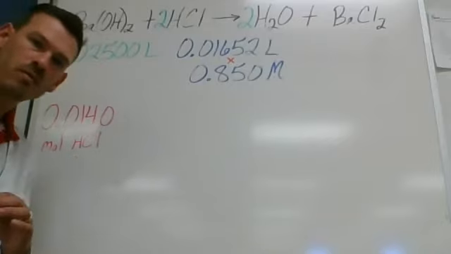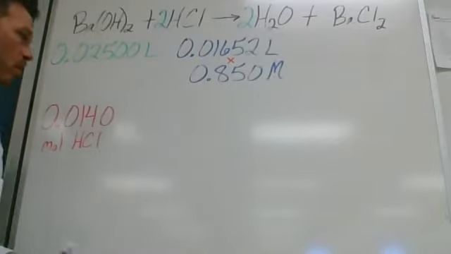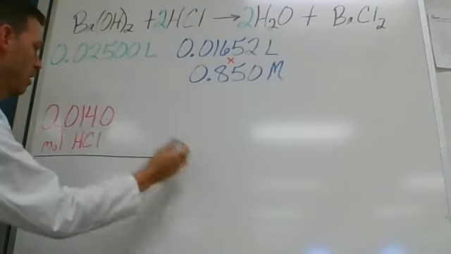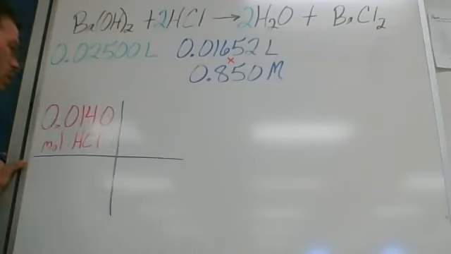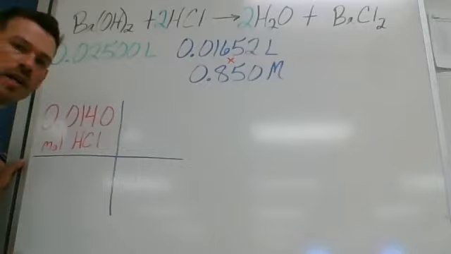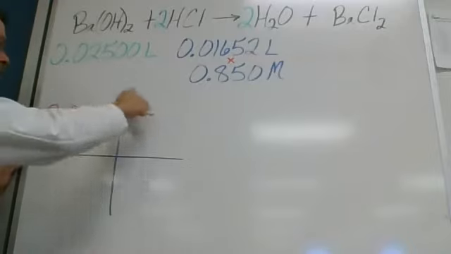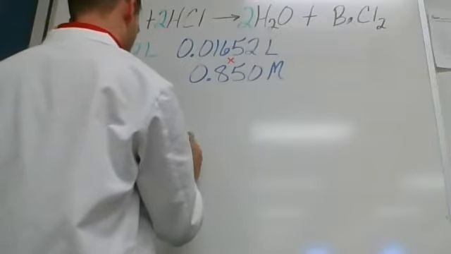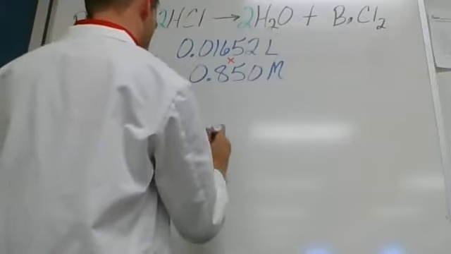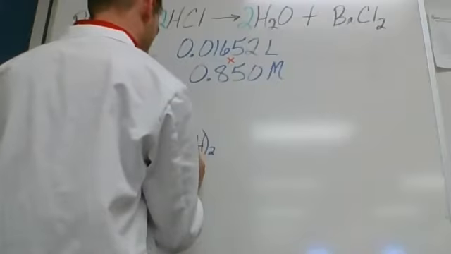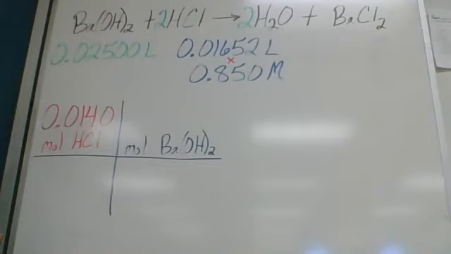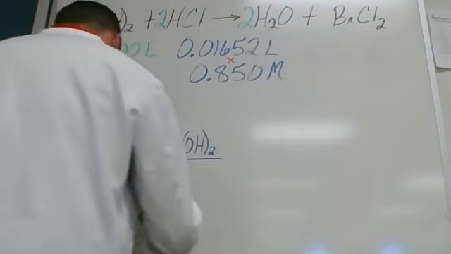Moles of known to moles of unknown. Our unknown's the barium hydroxide, so we're going to go from moles to moles. Make the diagonals match.